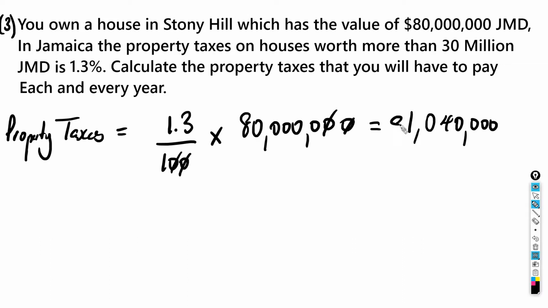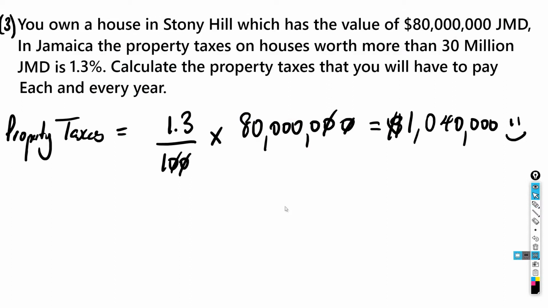Okay, so this is the property tax that you have to pay each year on your house, right? So this is a lot of taxes though. It just shows you guys you really pay a lot of tax in general in your life, and that's just how it goes. All right, it's really not a problem.